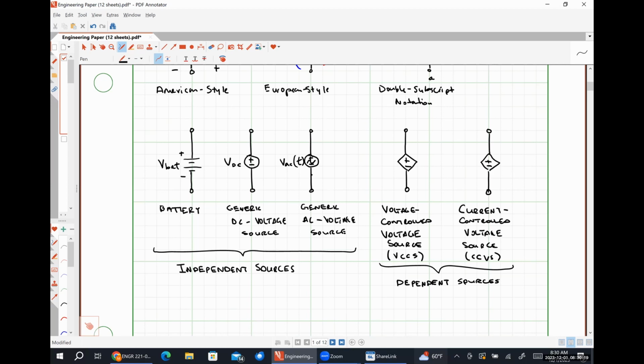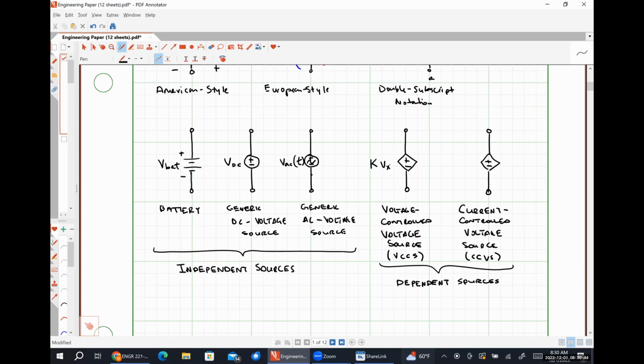So the positive polarity and negative polarity are obviously given by the plus and minus sign. So now let's talk about the magnitude of these guys, because this is where things get a little bit confusing. So for our voltage controlled voltage source, I'm going to say that the magnitude of the voltage is going to be K times Vx, where Vx is just going to be some voltage elsewhere in the circuit that is controlling this thing.